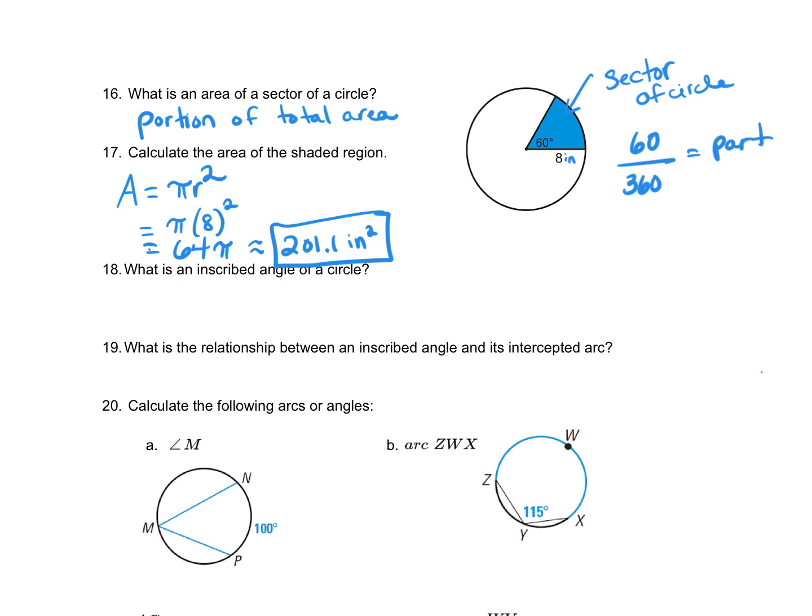So remember my fraction, part to whole, or part to total. To determine what portion of the total area that represents, I am going to multiply 201.1 times 60 over 360.